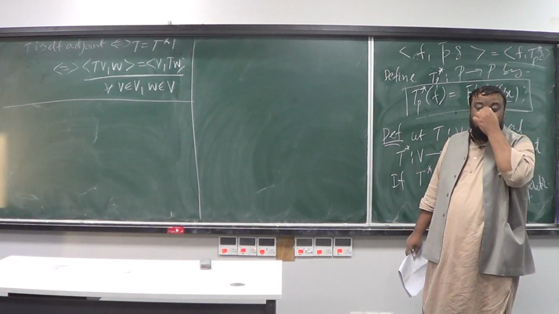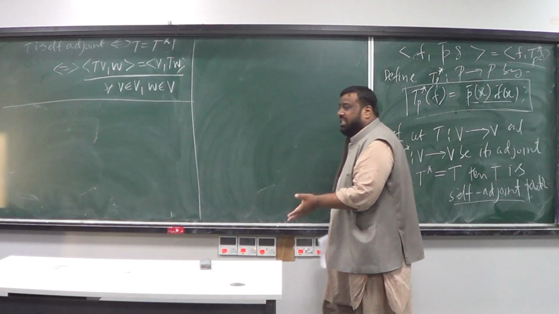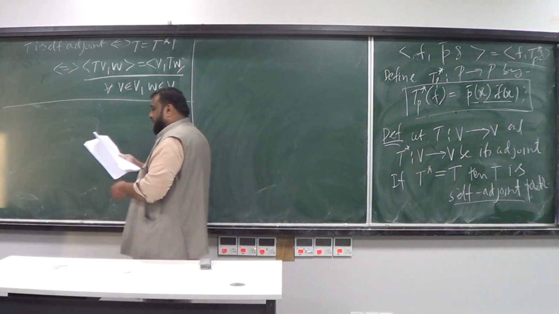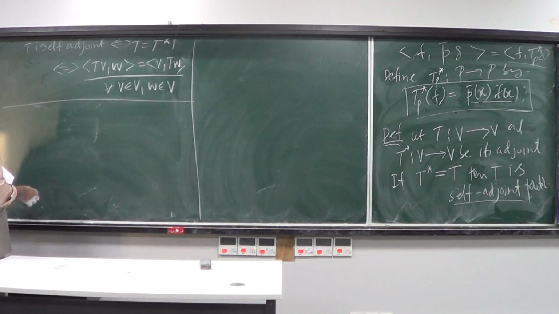So there are operators which do not have any adjoint. There are linear transformations which do not have any adjoint.